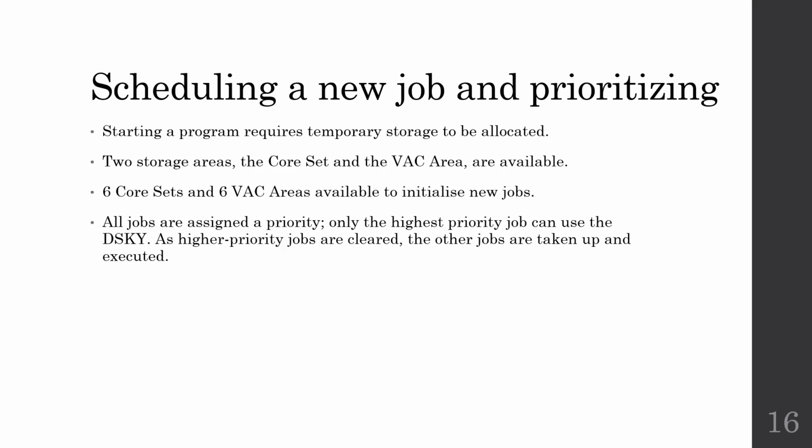Scheduling a new job and prioritizing. Starting a program requires some temporary storage to be allocated. There are two types of storage area available, the core set and the VAC area. There are 6 core sets and 6 VAC areas available to initialize new jobs. As all jobs are assigned a priority, only the highest priority job can use the DSKY. Once the highest priority jobs get done, the Apollo guidance computer moves on to perform the lowest priority jobs and clears the queue.